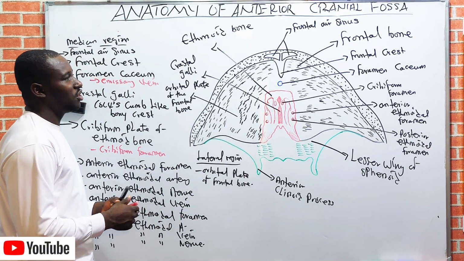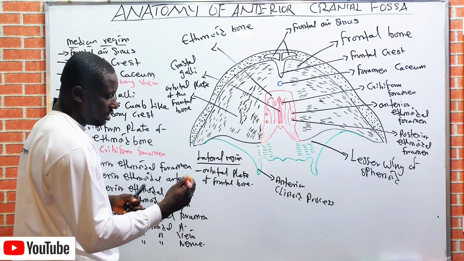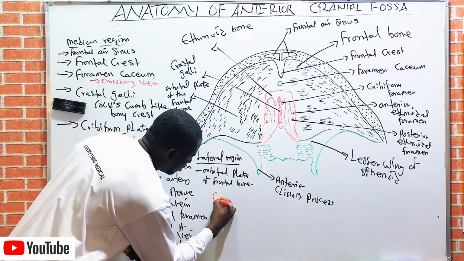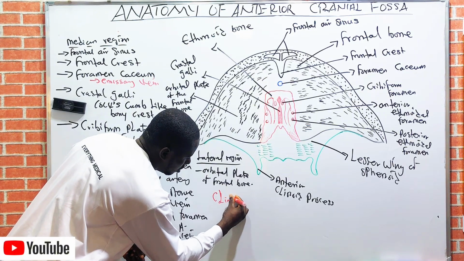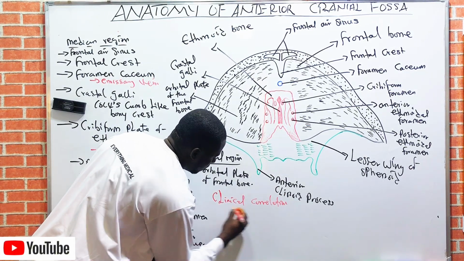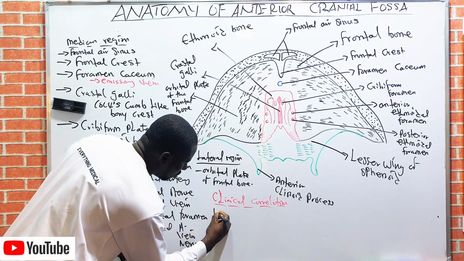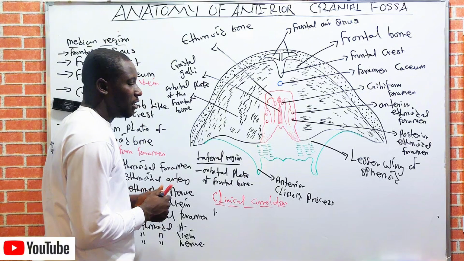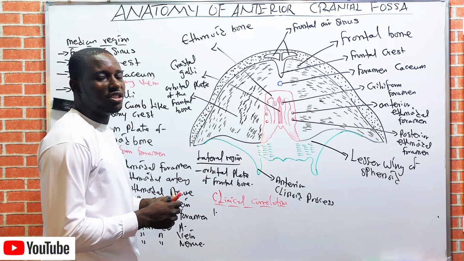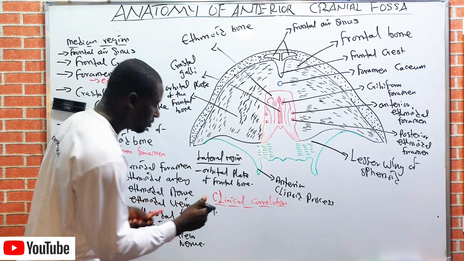The next thing we're discussing is the clinical correlation. Number one clinical correlation is the fracture of the anterior cranial fossa, particularly the cribriform plate of ethmoid.